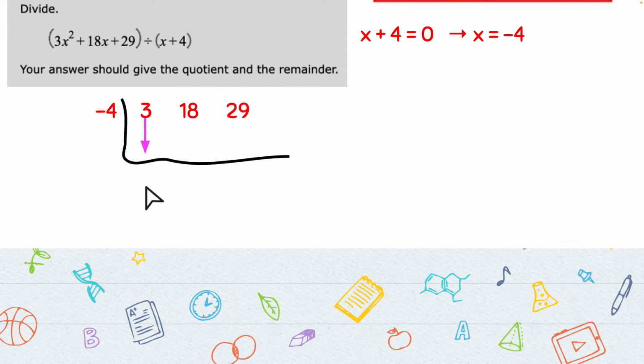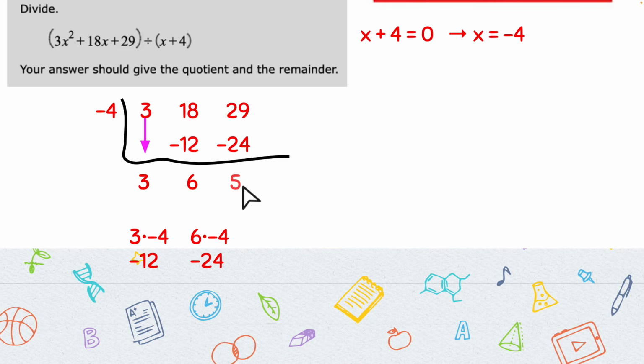Remember, the first one comes straight down. So I have 3, and then I multiply negative 4 times the 3, and I get negative 12. That's what goes right here. I add straight down, and I get 6. 18 plus negative 12 is 6, because it's the same thing as saying 18 minus 12. Now I go 6 times negative 4, and I get negative 24, which goes up here. 29 minus 24 is 5.